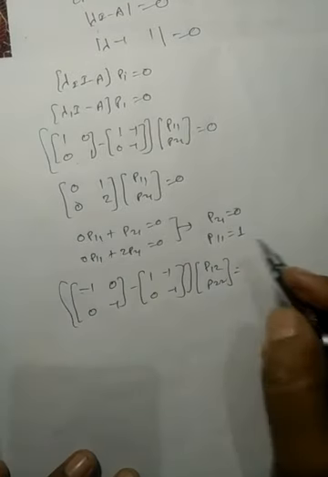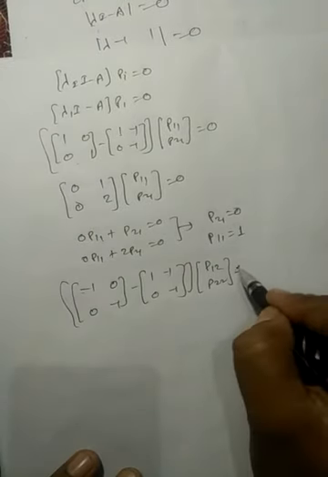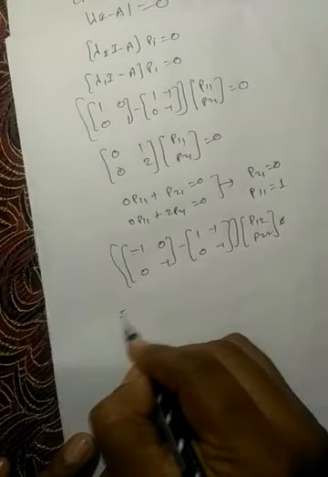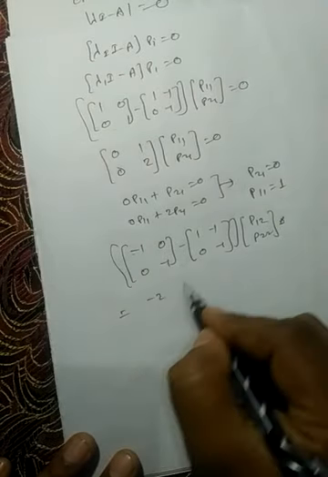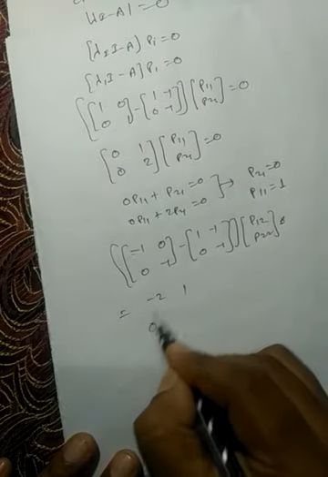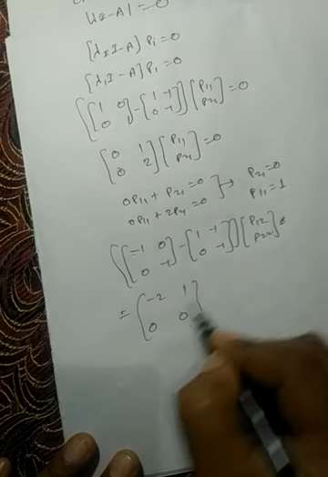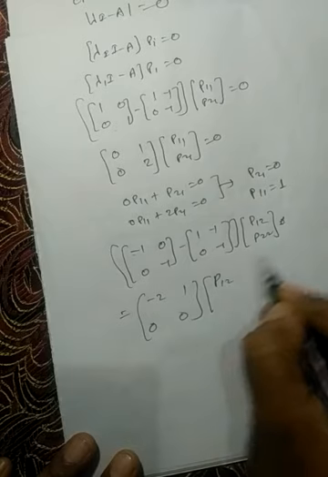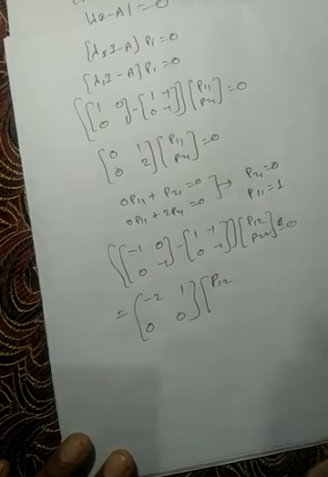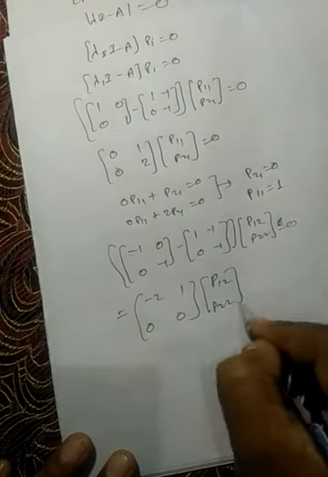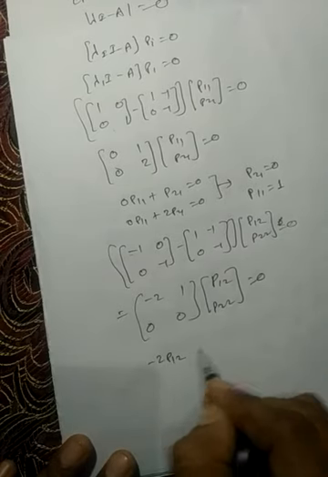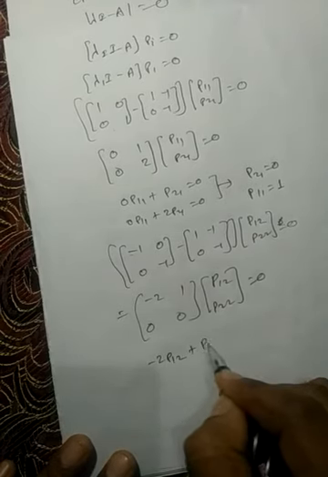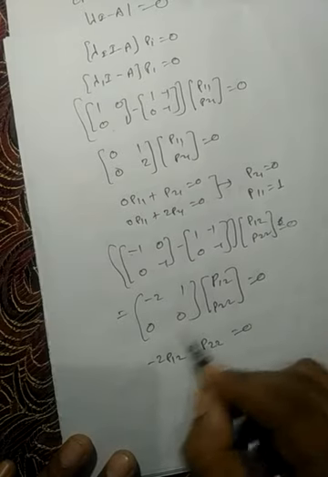So this will be like here [-2, 1; 0, 0] times [P12; P22] is equal to 0, or minus 2 P12 plus P22 is equal to 0, and here is 0.